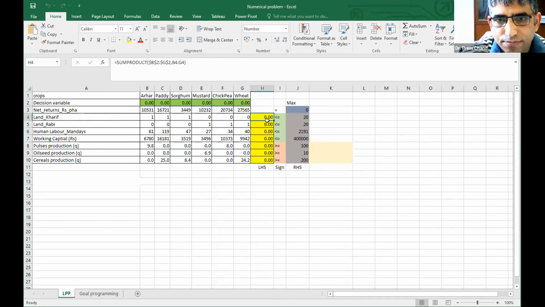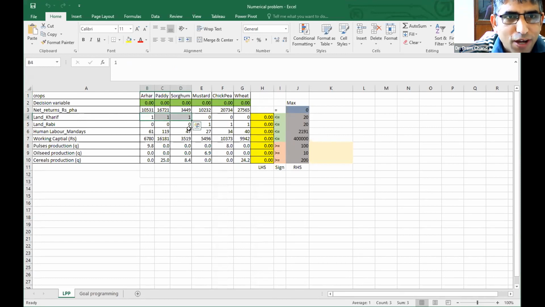Are you ready? What I said is he has 6 crops to grow, 3 in Rabi and 3 in Kharif.